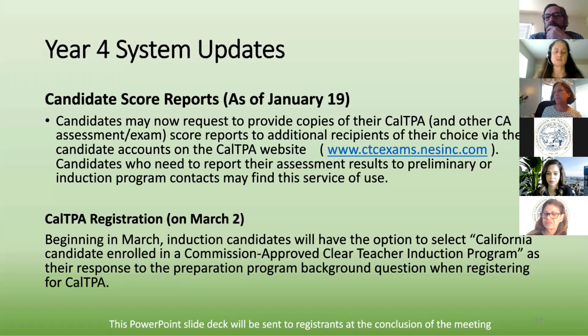And starting on March 1st, candidates in induction will have the ability to select a new choice, and that choice is California candidate enrolled in a commission-approved CLEAR teacher induction program. So candidates who have finished their preliminary programs and moved on will now be able to answer that registration question when they register for CalTPA.